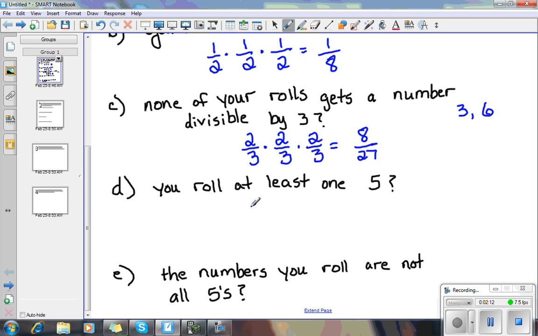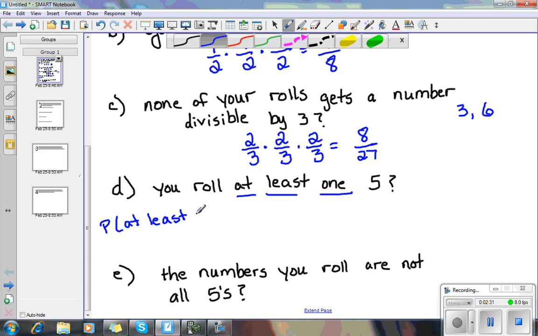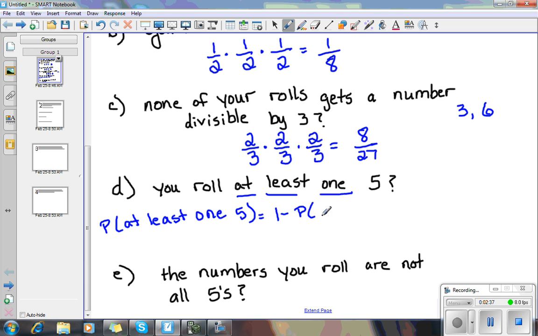Part D, what's the probability you roll at least 1 5? Okay, remember we talked about what to do there. The probability of at least 1, let me spell the word 1 so we don't, at least 1 5 equals 1 minus the probability of no 5s.